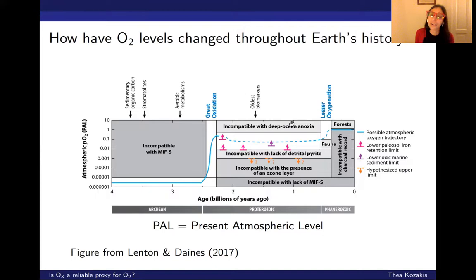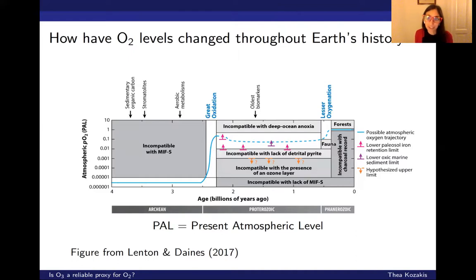Later on, about 500 million years ago, we had the lesser oxygenation. So there was another jump in O2, perhaps to our current level of O2. And it was during this period of time where we saw the emergence of plants and then later on forests and more complex life like we see on Earth today.